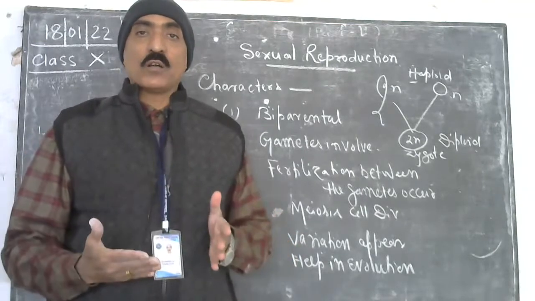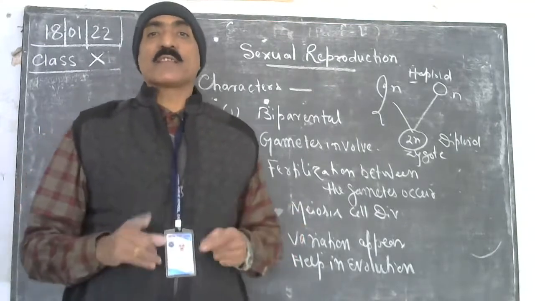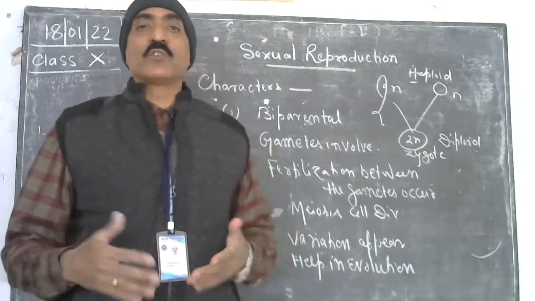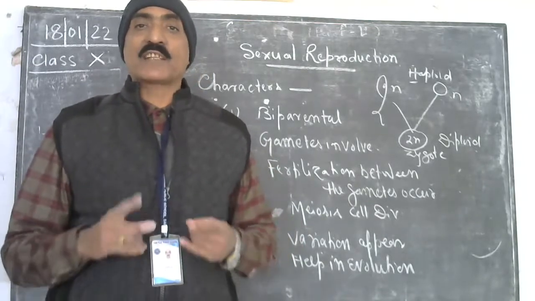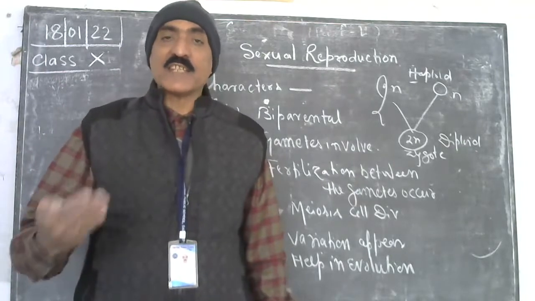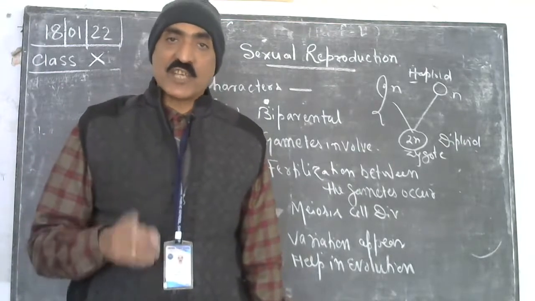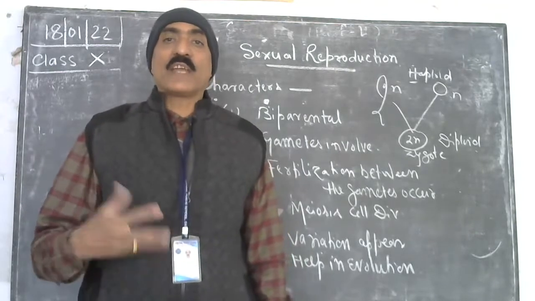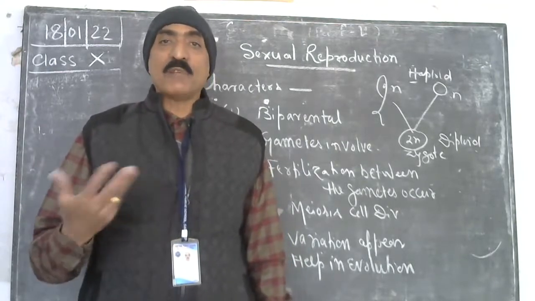They show similarity to their parents, but not exact; they never become the exact copy of the parents. Many changes appear in them. Such changes are called variations or variability.